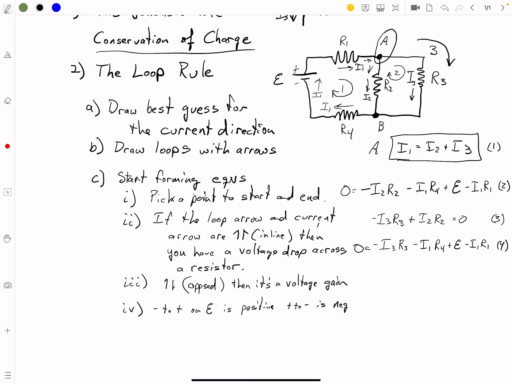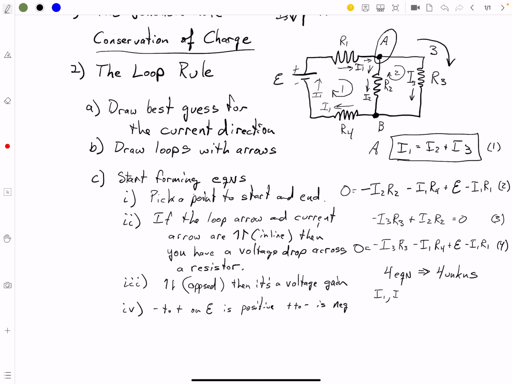Okay, so we have all of those four equations. Four equations that tells us we can have four unknowns. Okay, how many objects do we have? How many things out there do we have? Well, let's list them. We've got three currents.